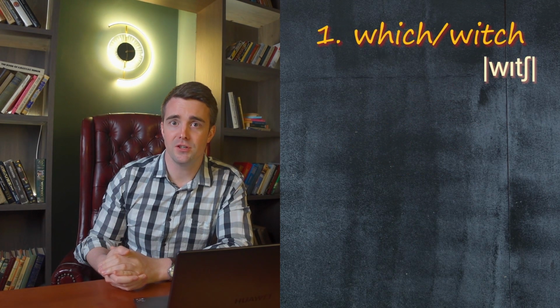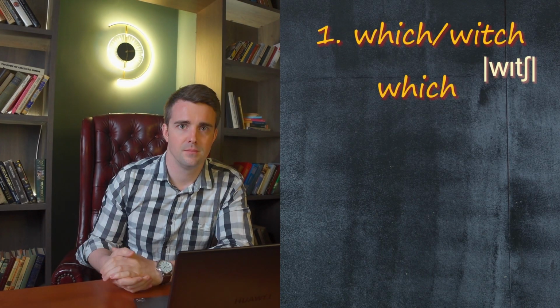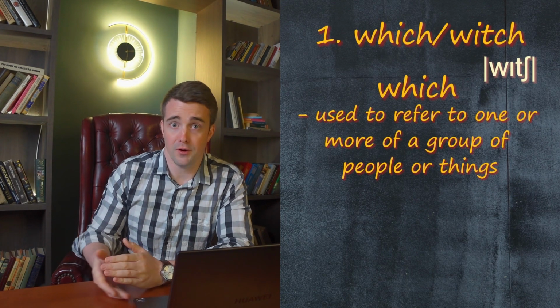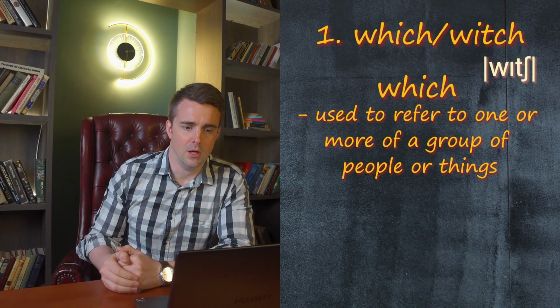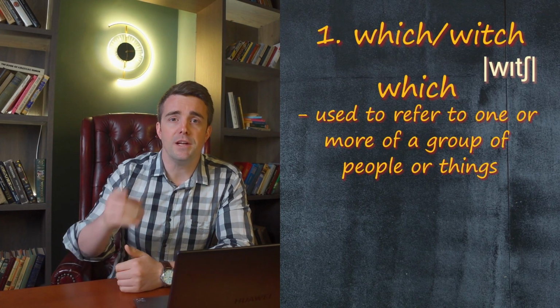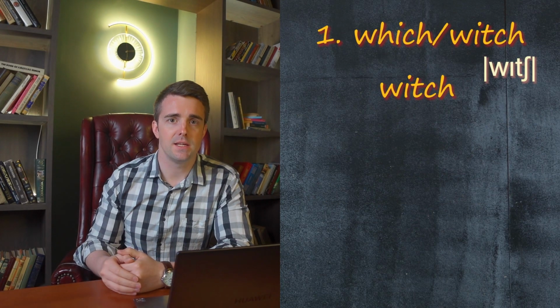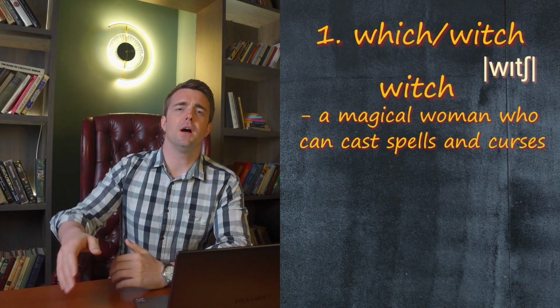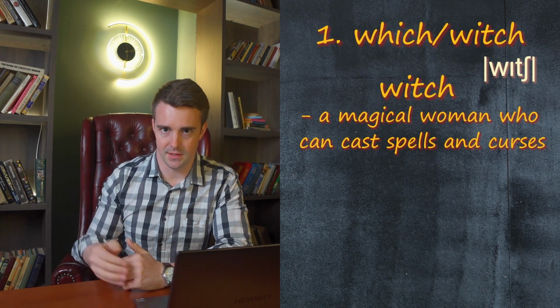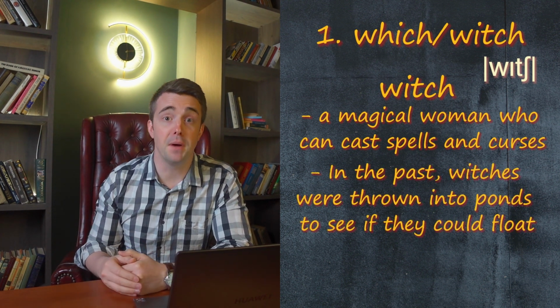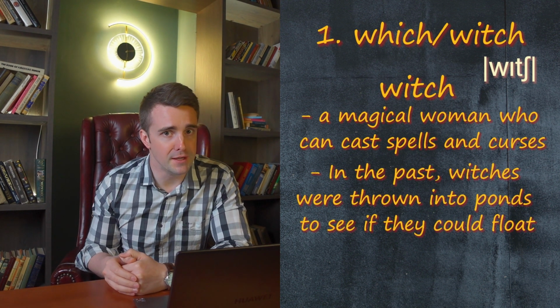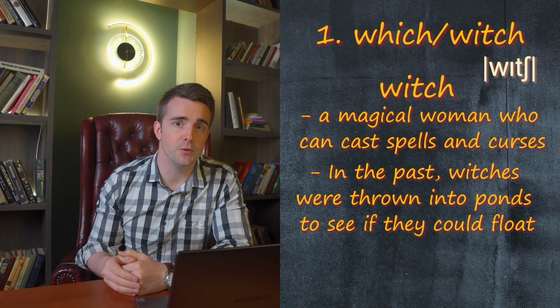Let's start with which and witch. Which is used to refer to one or more of a group of people or things. For example, which teacher do you like best? And witch is a magical woman who can cast spells and curses. For example, in the past, witches were thrown into ponds to see if they could float.